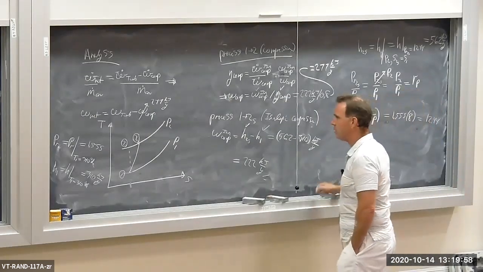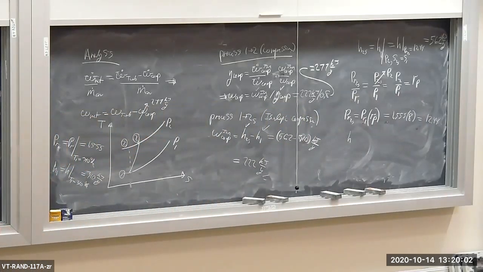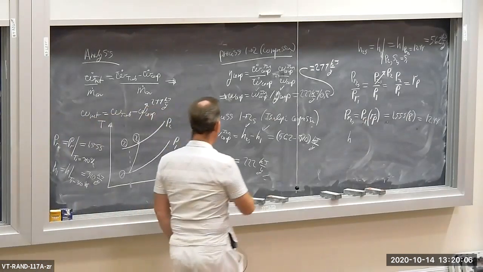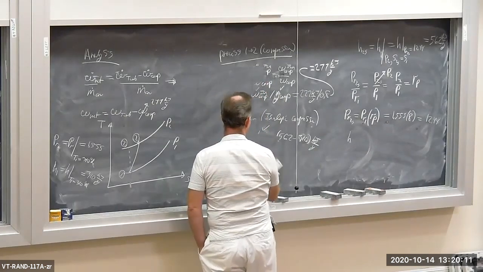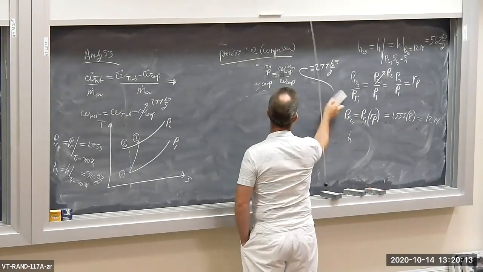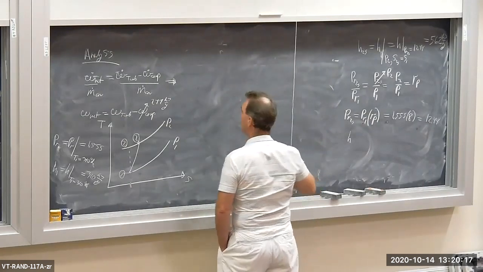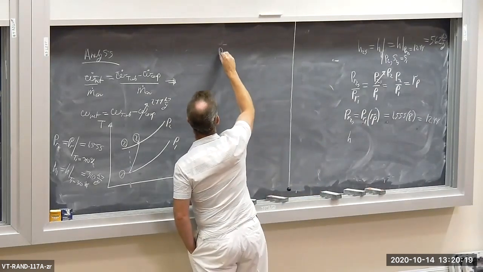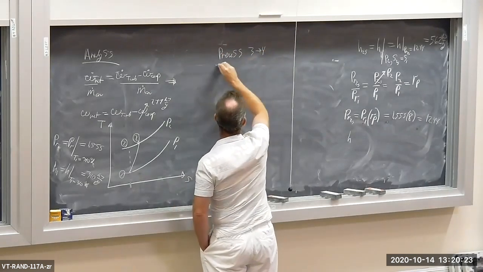All right, so now we need to find W turbine, the turbine specific work. So let's look at process 3 to 4.